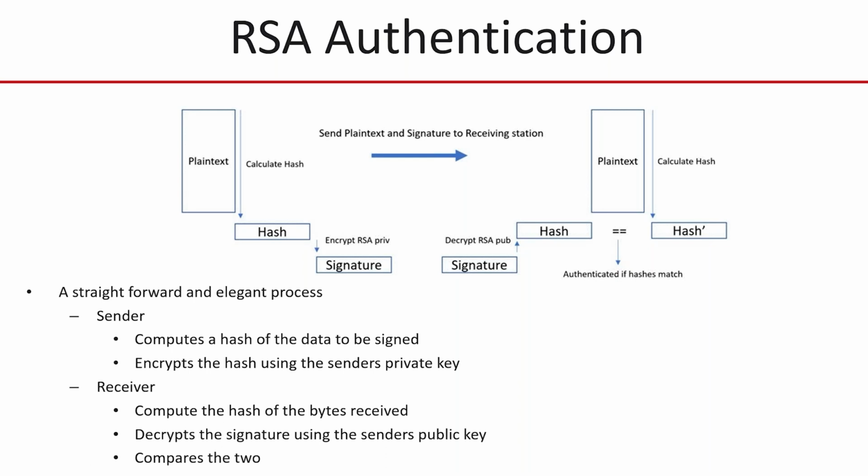We can send that alongside the data so that the receiving station with the public key can decrypt the signature to get the original hash. We can recreate the hash over the plain text, and that should now match the signature hash. If the two match, then the data hasn't been manipulated, and it has been signed by the private key of the sender. So that signature proves the authentication of the text, and also proves its integrity as well.